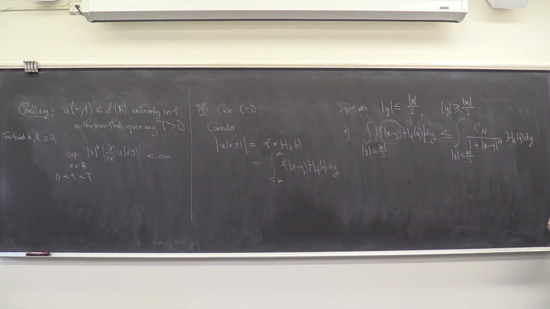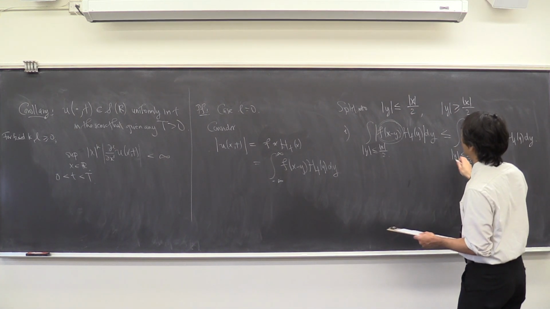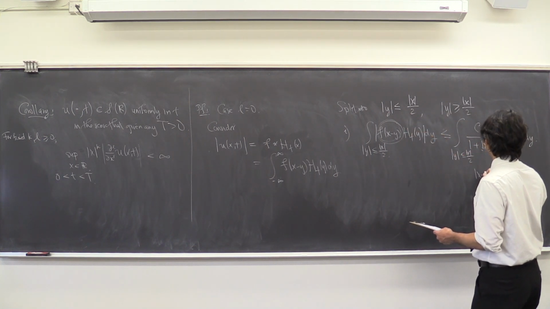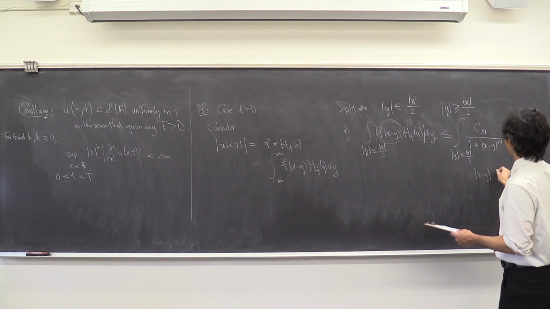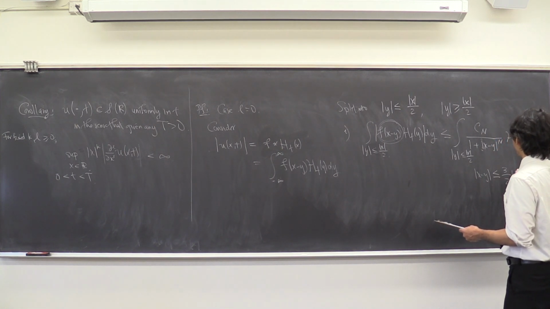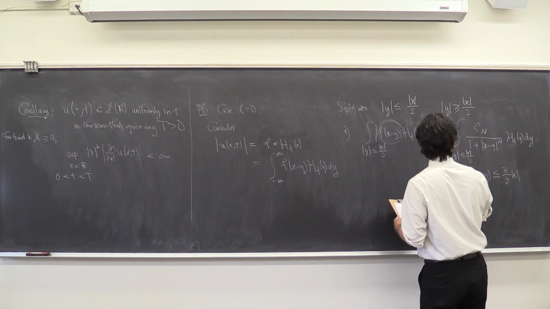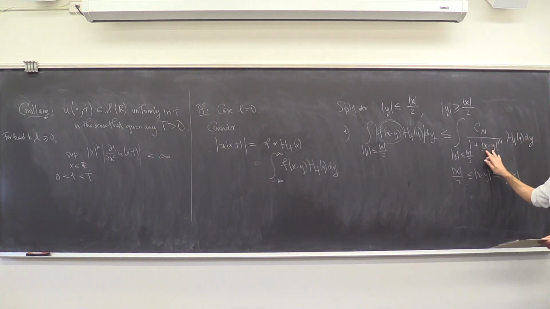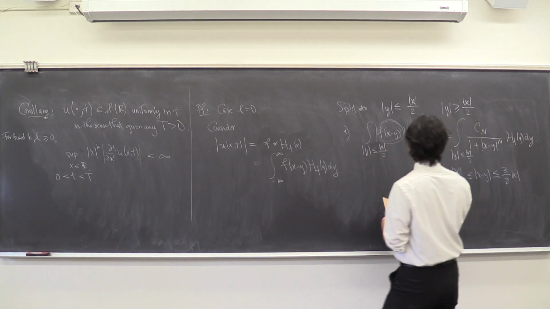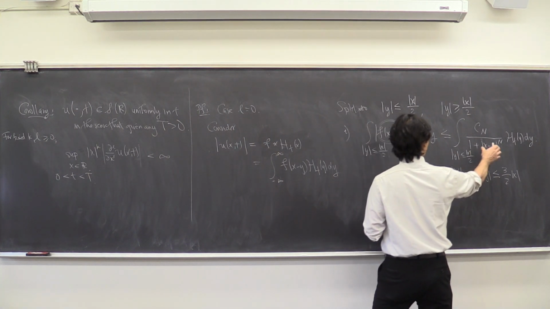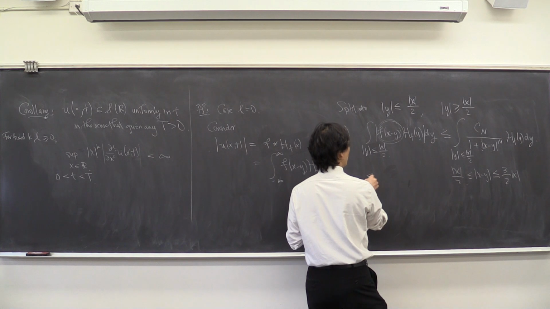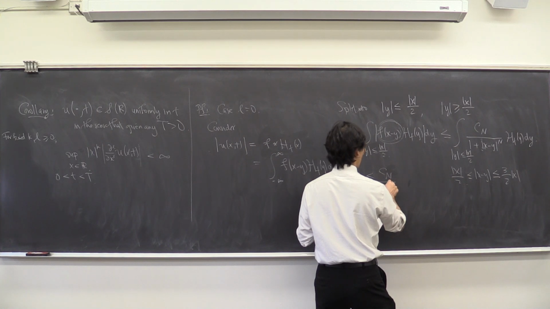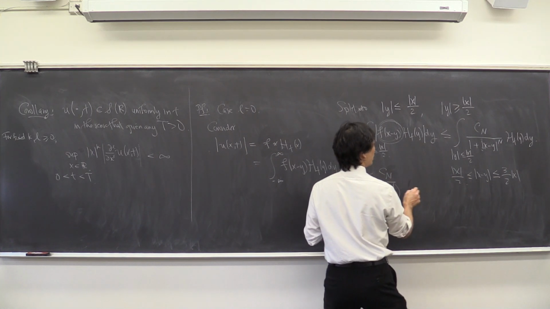But on the other hand, y is smaller than the absolute value of x over 2, and so this x minus y is smaller than 3/2 the absolute value of x and larger than half of the absolute value of x. So we can replace this thing by the absolute value of x and pull it out of the integral. We get maybe a slightly different constant, times the absolute value of x to the n.